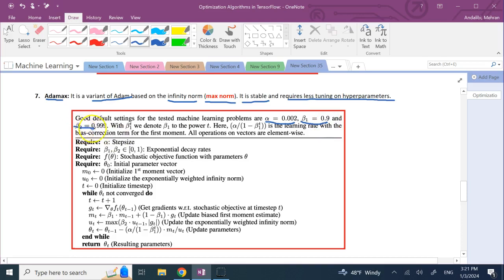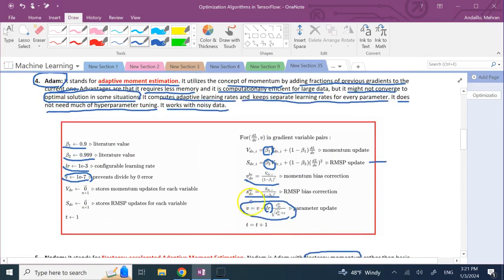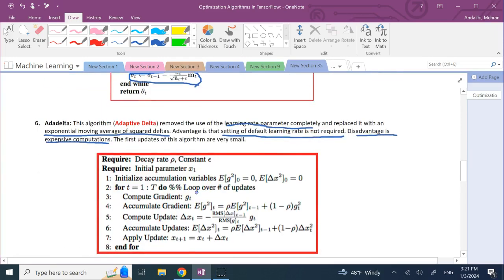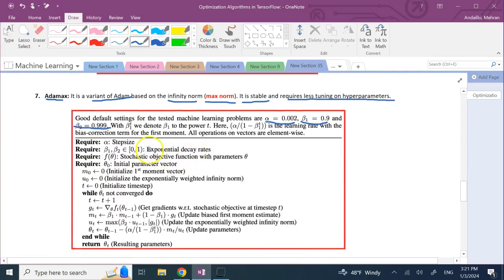So you see it has beta 1 and beta 2, and it has the alpha, which is the same as what we had in Adam. We call it LR. That's the same thing. So these three, and epsilon is no big deal, as I said. It's just a small number. So it's very similar to that.